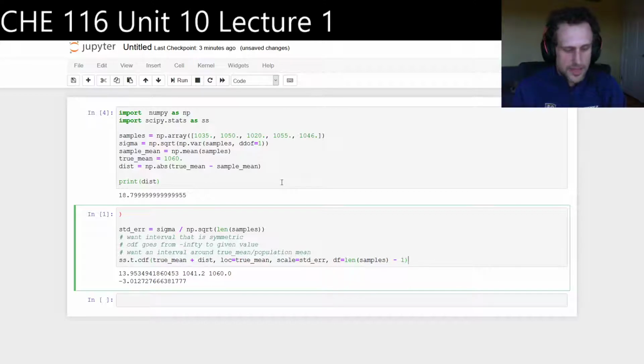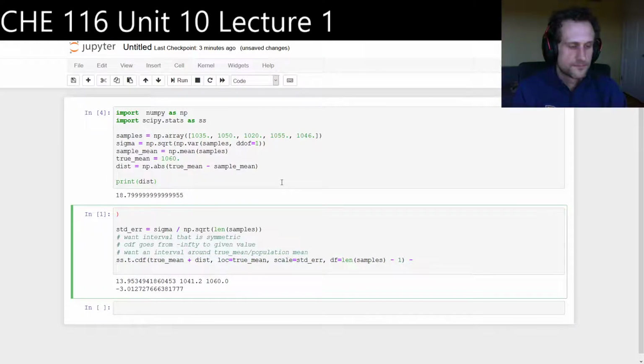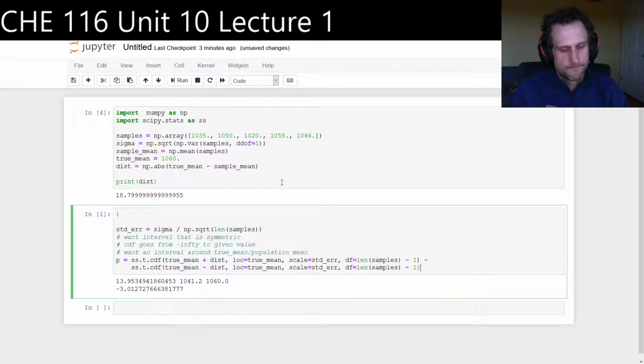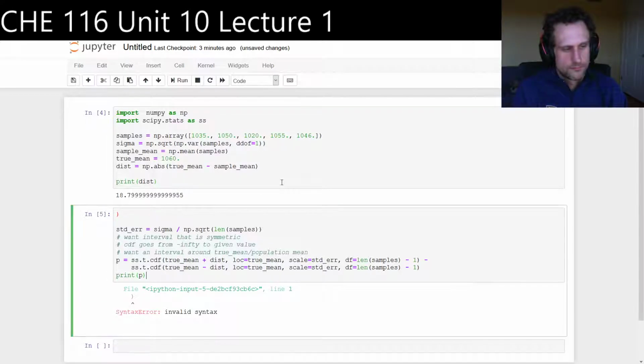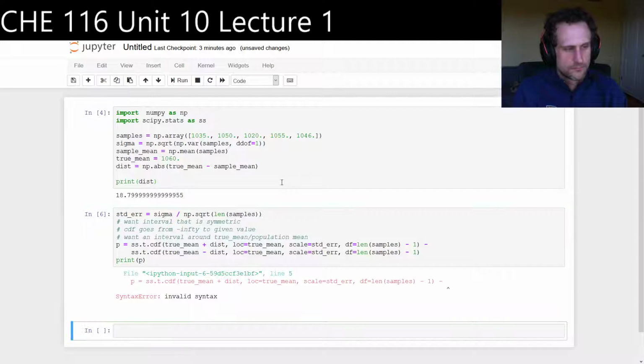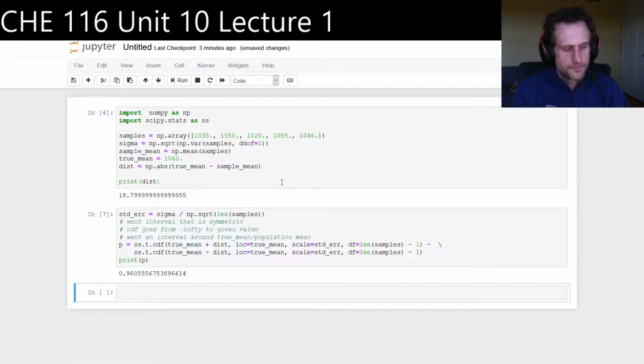That gives me from minus infinity to above the true mean, so we have to subtract this to below. All right.